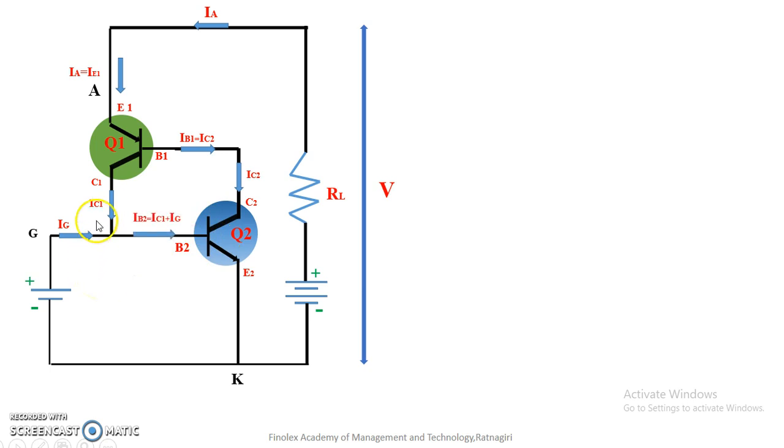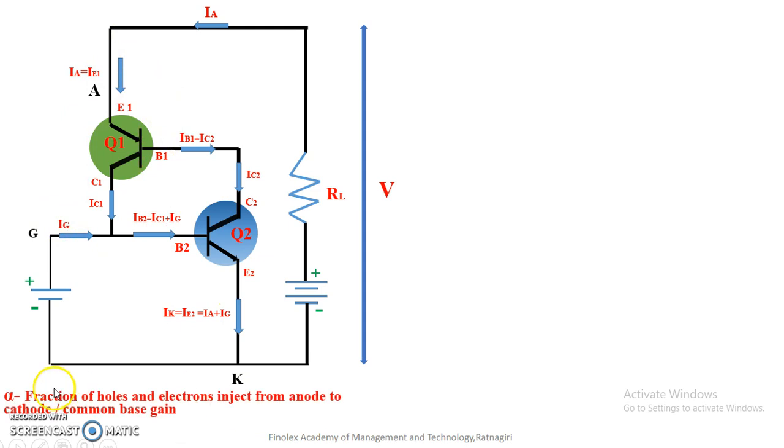So the base current equation for the second transistor is IB2 is equal to IC1 plus IG. Hence for the cathode of the SCR, the cathode current is equal to the emitter current of the second transistor, and that must be equal to the anode current plus the gate current.